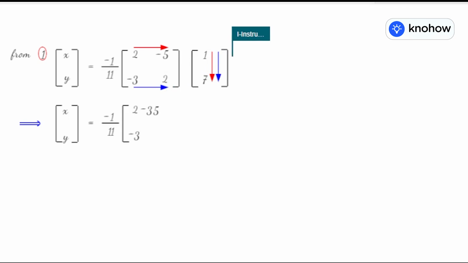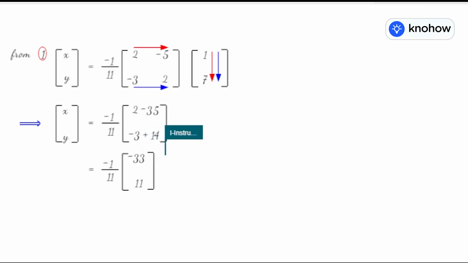Work it out, you get negative 1 by 11 times the matrix [2 minus 35, that is minus 33; 14 minus 3, that is 11]. And now dividing inside by minus 11, you get [3; minus 1].